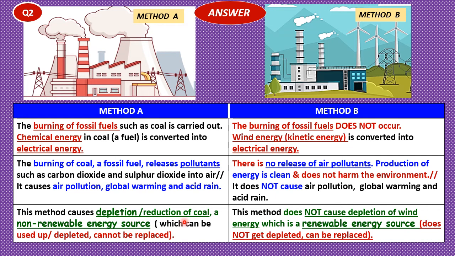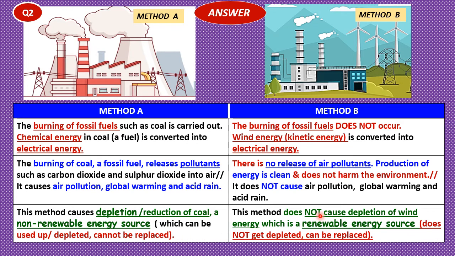You cannot immediately replace it, since it takes thousands and thousands of years to make the coal from the dead plants, which are crushed under high pressure. Then they turn into coal. So you cannot immediately replace the coal, and in the end the coal will run out, will get used up and depleted. Okay, so the word non-renewable means cannot be replaced.